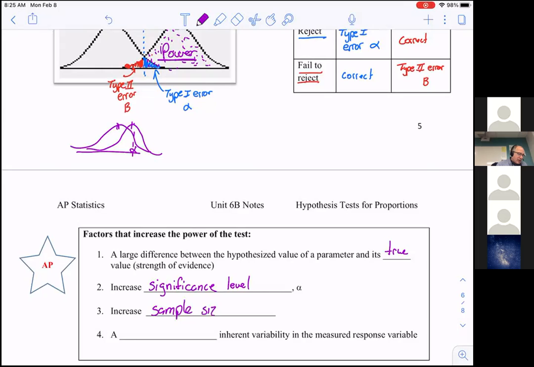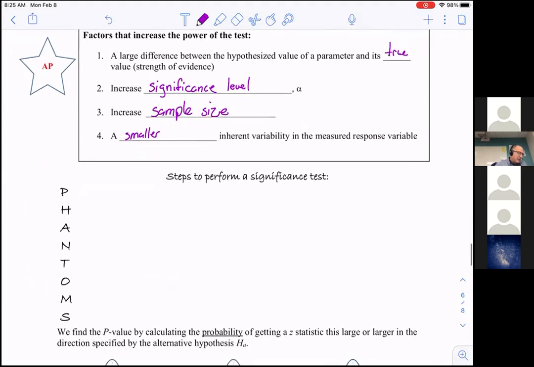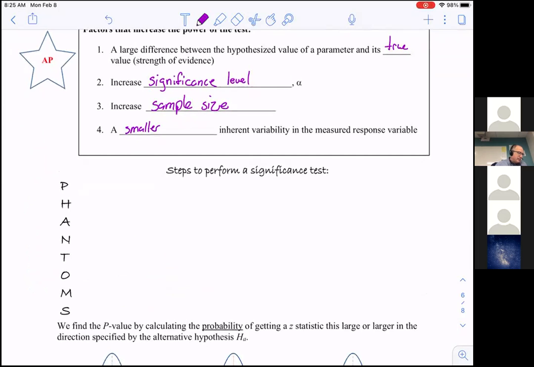That also increases our power, because it's going to separate those curves and make them taller and narrower. And lastly, a smaller inherent variability in the measured response. But we're going to keep on going, and we're going to perform a significance test.